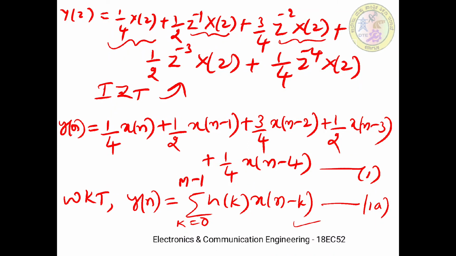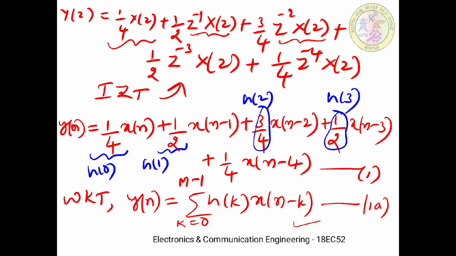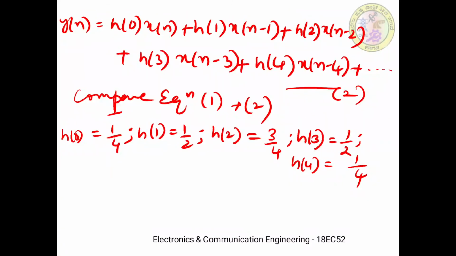So this is h of 0, this is h of 1, this is h of 2, and this is h of 3. Similarly 0 1 2 3 4, so this is the fourth coefficient, that is h of 4.